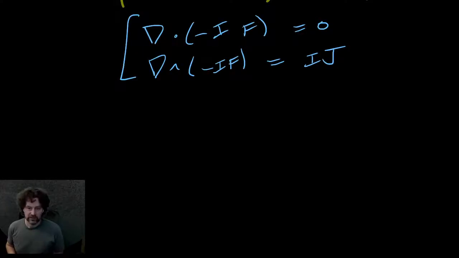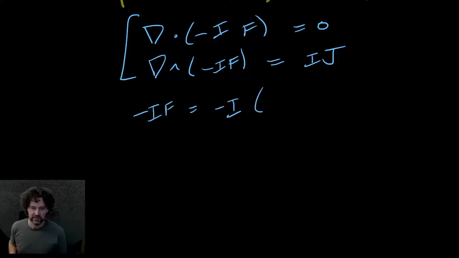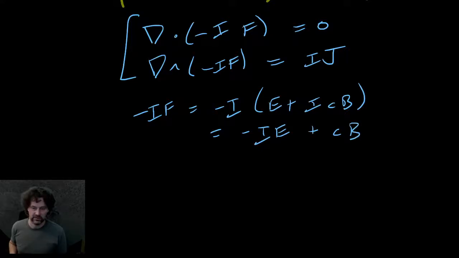So now, what is minus IF and what is IJ? Minus IF is minus I times E plus ICB, which is minus IE plus CB. These are vectors.